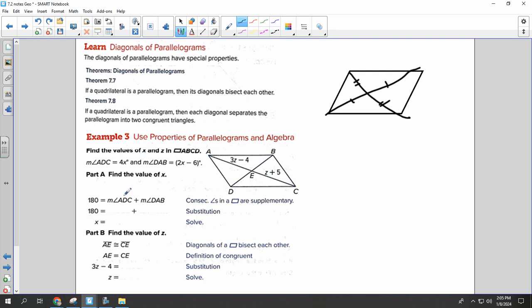So let's look at example 3 here and see how we can use this information to help us solve stuff.